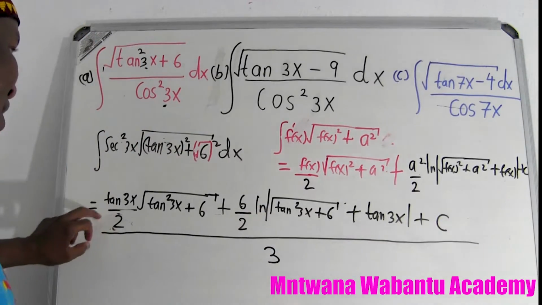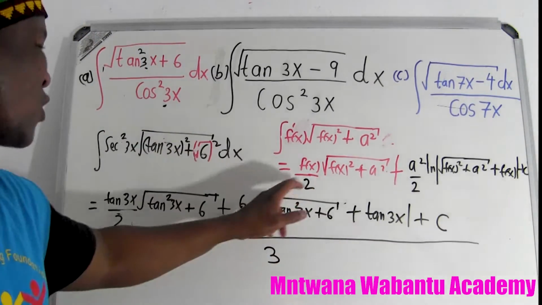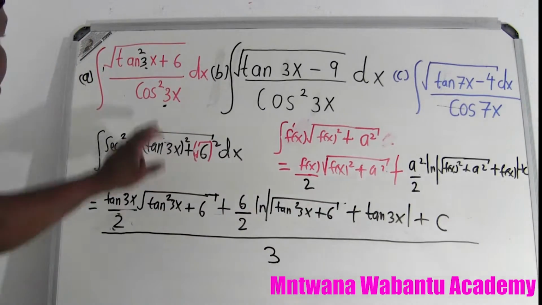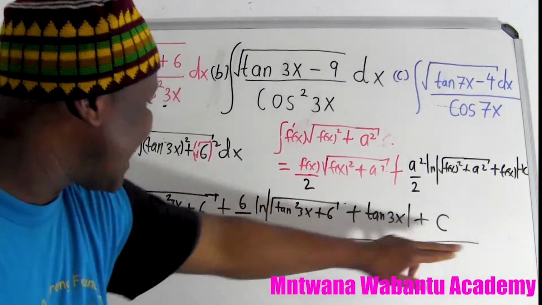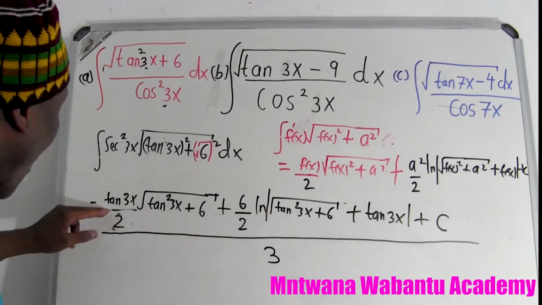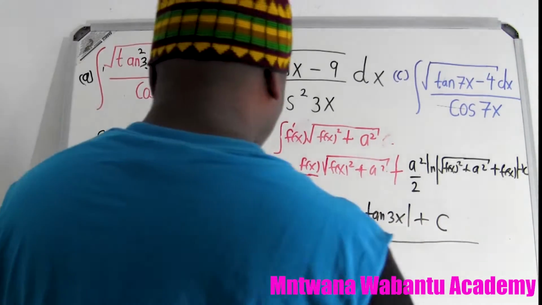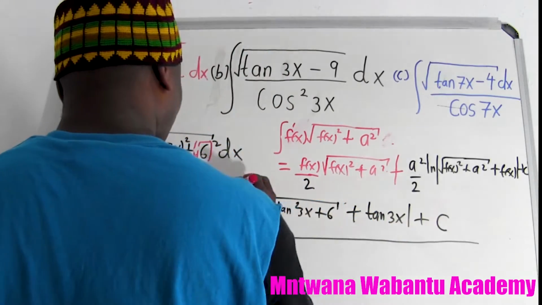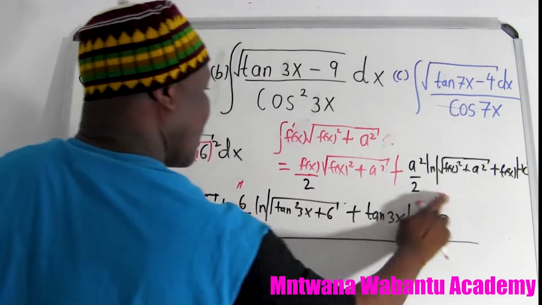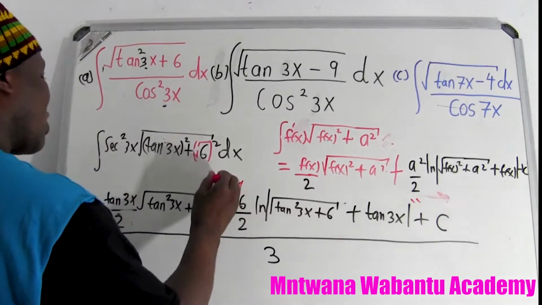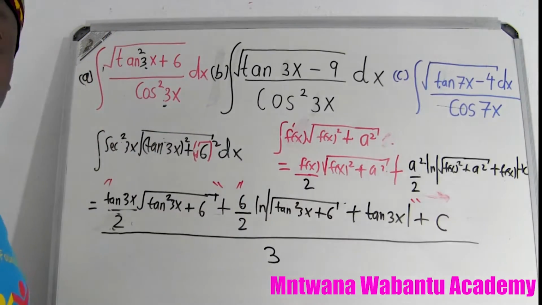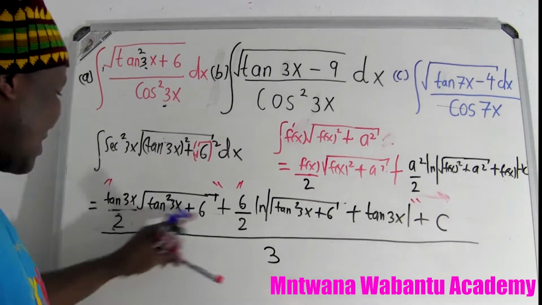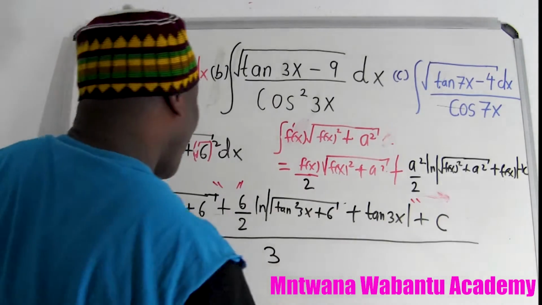Sorry, it's not f of x, right? It must be 2. This 2 is constant in the formula. So now you come and you take 3. So if I write one line here, everything is going to be over 2, because this group of fraction here, and this group of fraction, they have common denominator 2. So it's going to be over 2, and then multiplied by these 3 here is going to be 6. So all this stuff here is going to be over 6.